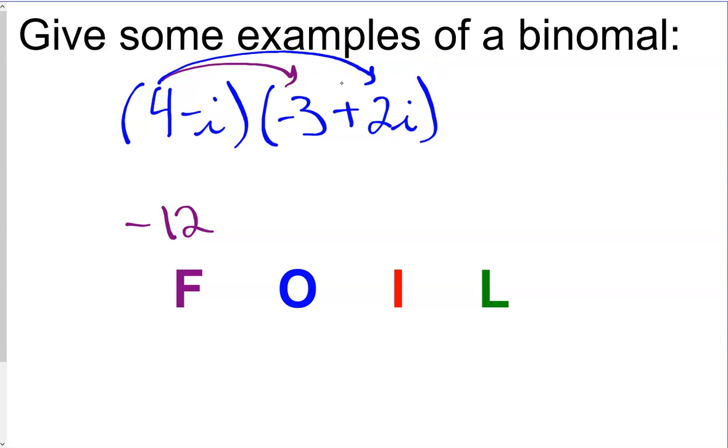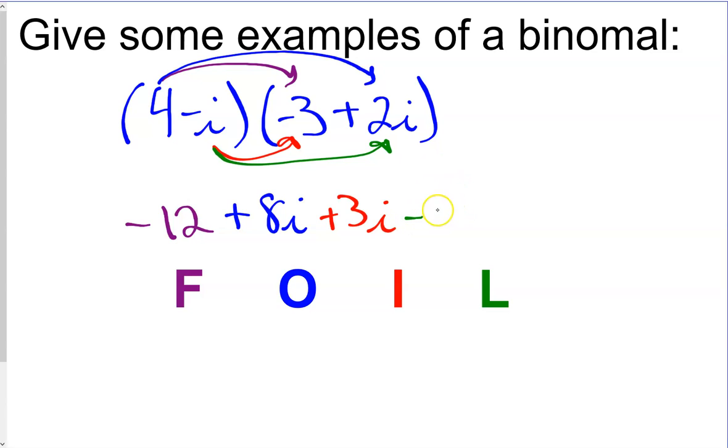My outside, so distribute my 4 to my 2i. That gives me 8i. My insides, I'm going to distribute now my negative i to negative 3. That gives me positive 3i. And then last, I'm going to distribute these together. I'm going to see negative i times 2i gives me a negative 2i squared.